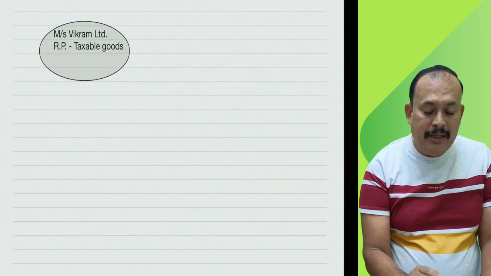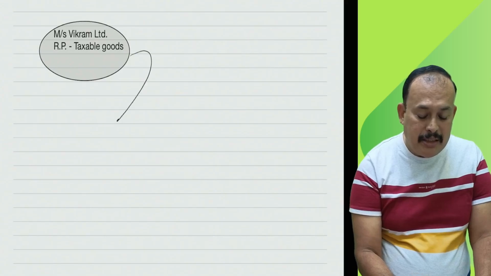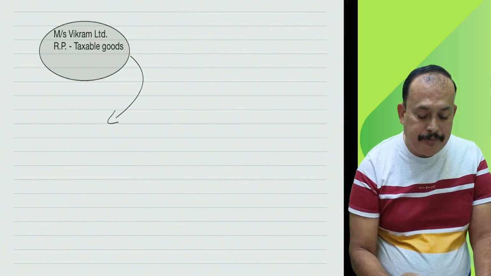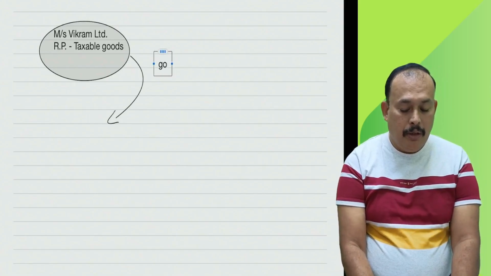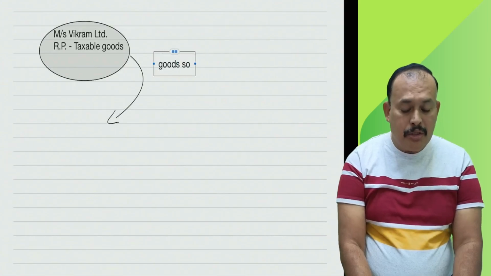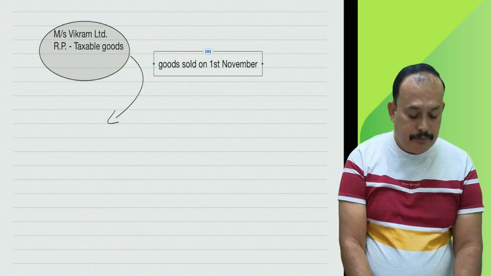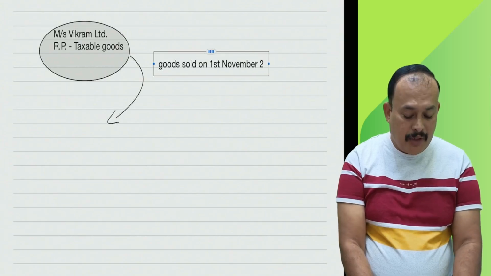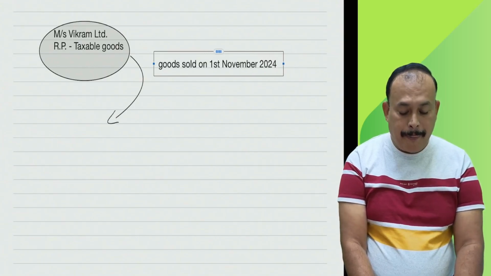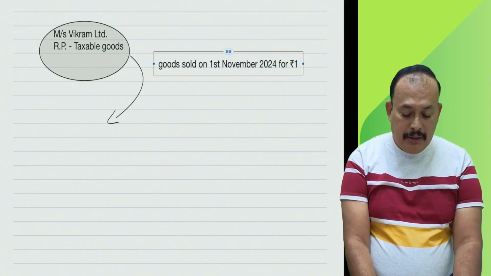To whom did he supply? Let us say to one of his buyers, a known person. Here, goods sold on 1st November 2024 for rupees 10 lakhs.